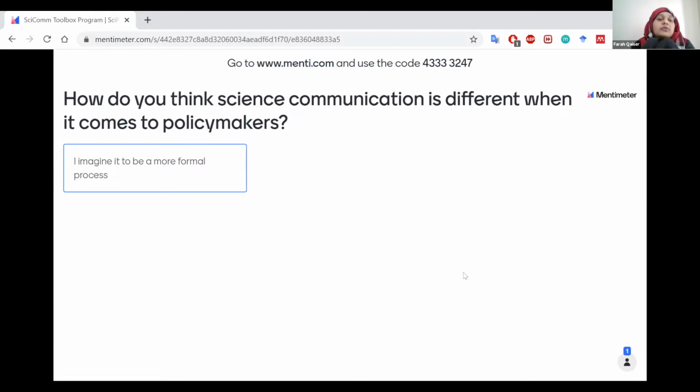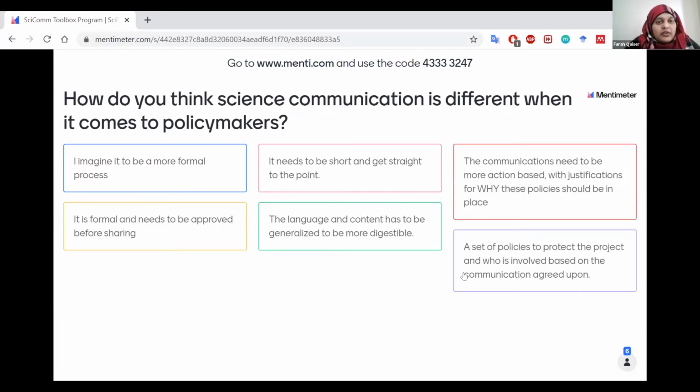So we have one comment that says, I imagine it would be a more formal process. I'm going to read off these comments, but I'm not going to tell you the answer yet. So the first one is, I imagine it to be a more formal process. It needs to be short and get straight to the point. Communications needs to be more action-based with justifications for why these policies should be in place.